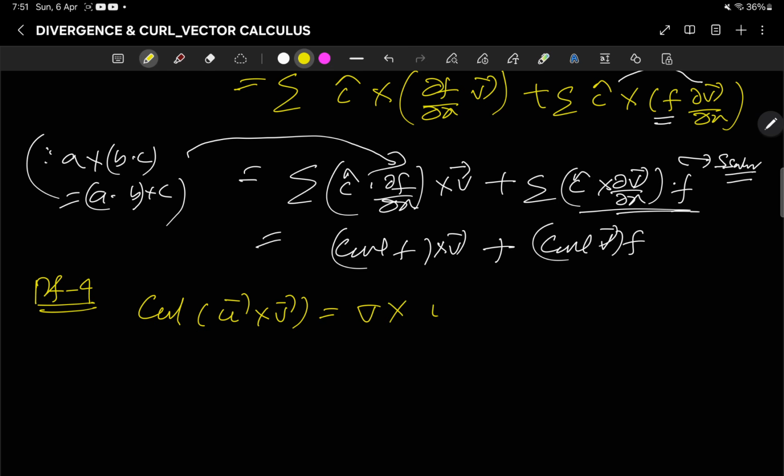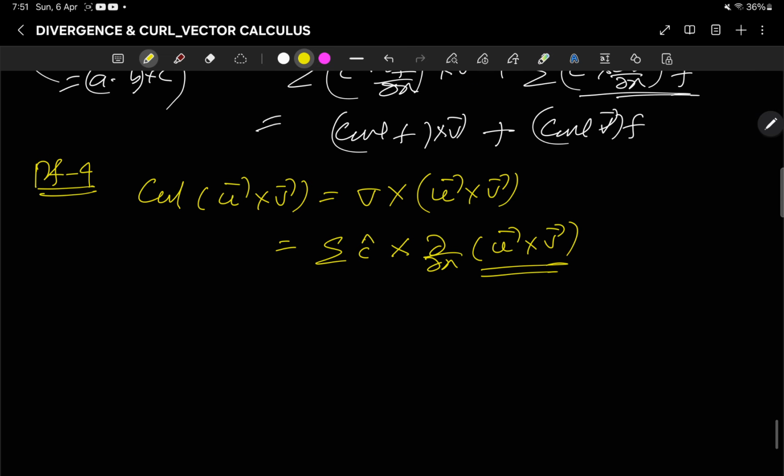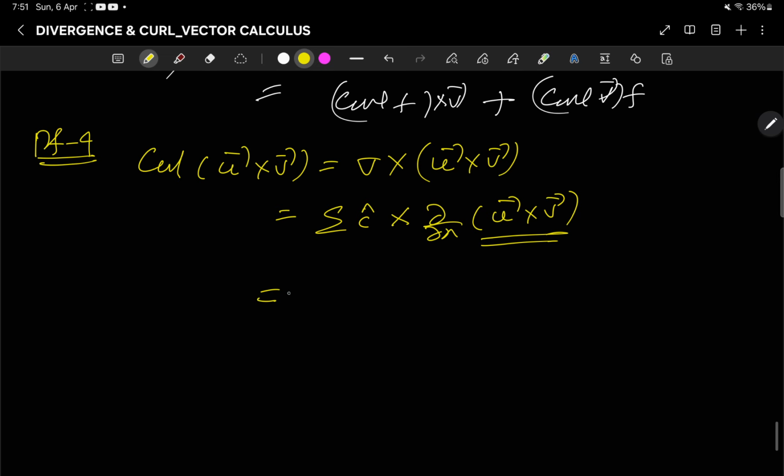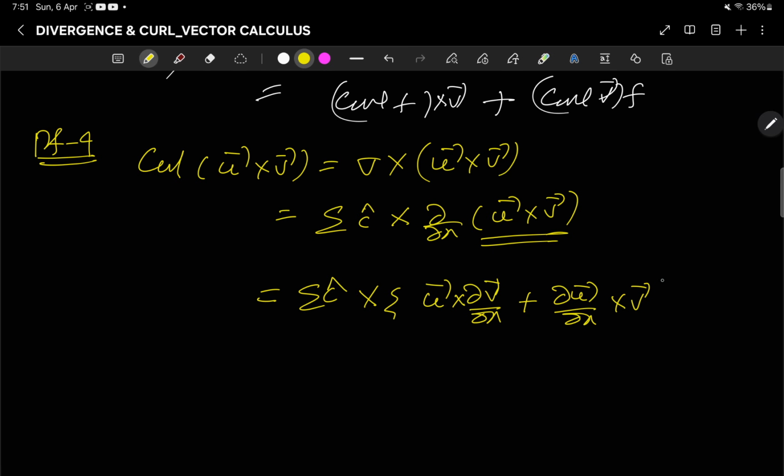So this is del cross u cross v. That is equal to summation of i cap cross del by del x of u cross v. Now the product formula for differentiation, keeping order intact. So this is equal to summation of i cap cross u cross del v by del x plus del u by del x cross v.